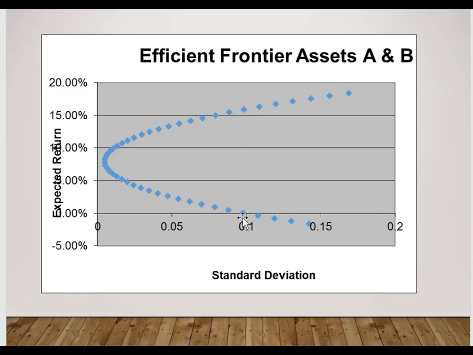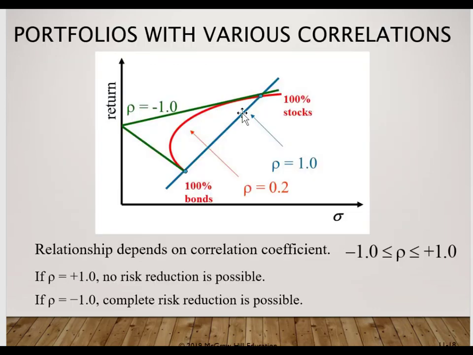It dominates this one because it has higher returns, and the same level of risk. Now, what creates this shape of portfolios? What creates the shape is correlation.